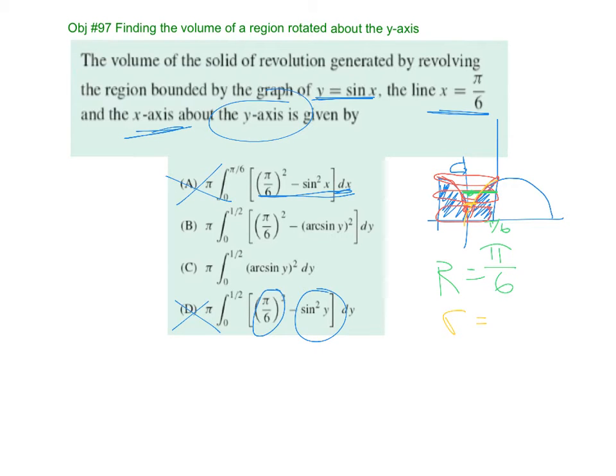But we have y equals sine x. We need to solve for x. So x equals arc sine of y. So we have a big R and a little r, which means our answer is going to be B, right? We have our big R squared minus little r squared, B.